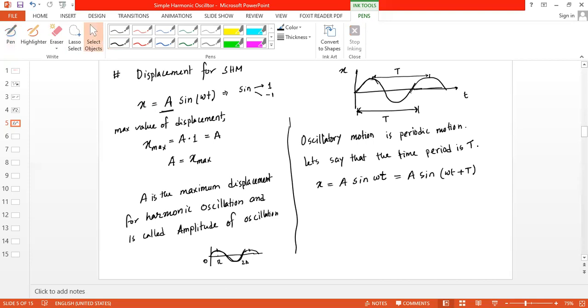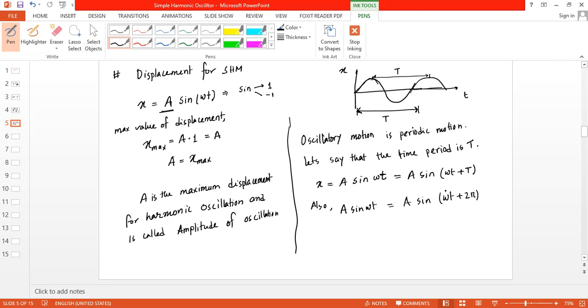So what we can do, a sin omega t can be written as a sin omega t plus twice pi, right? Now if you just have a look at these two equations, you can see that the left hand side is same in both cases.